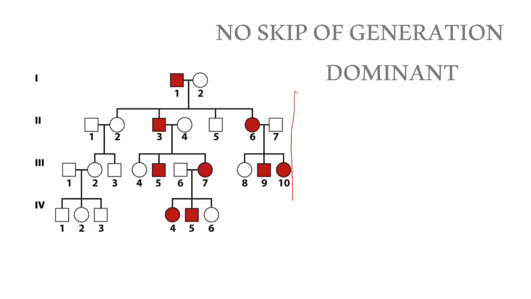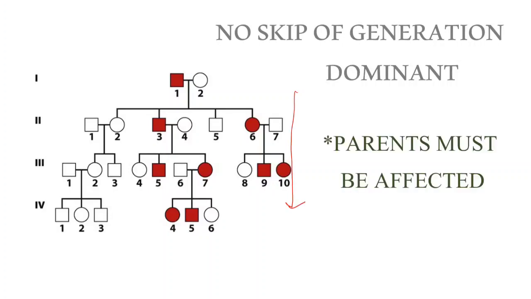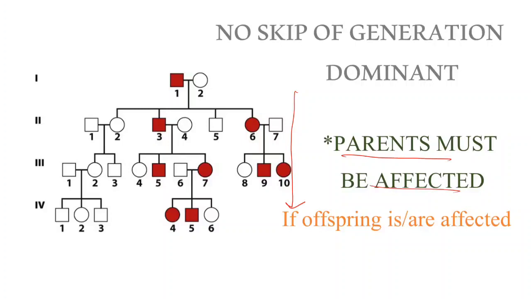So for dominant you must remember that the parents must be affected if the offspring are affected. Here you can see offspring affected, parents are also affected. Offspring affected, parents affected. So if the offspring is affected, the parents must be affected in the case of dominant.